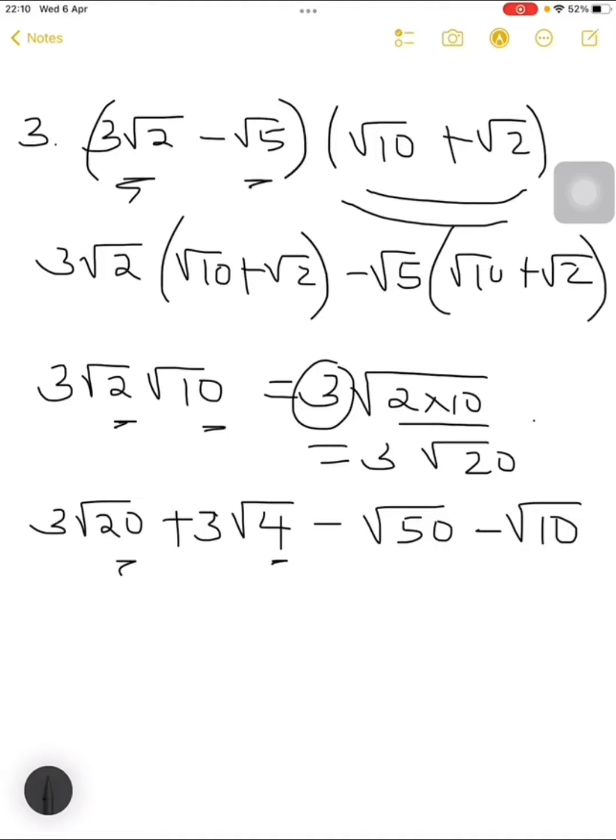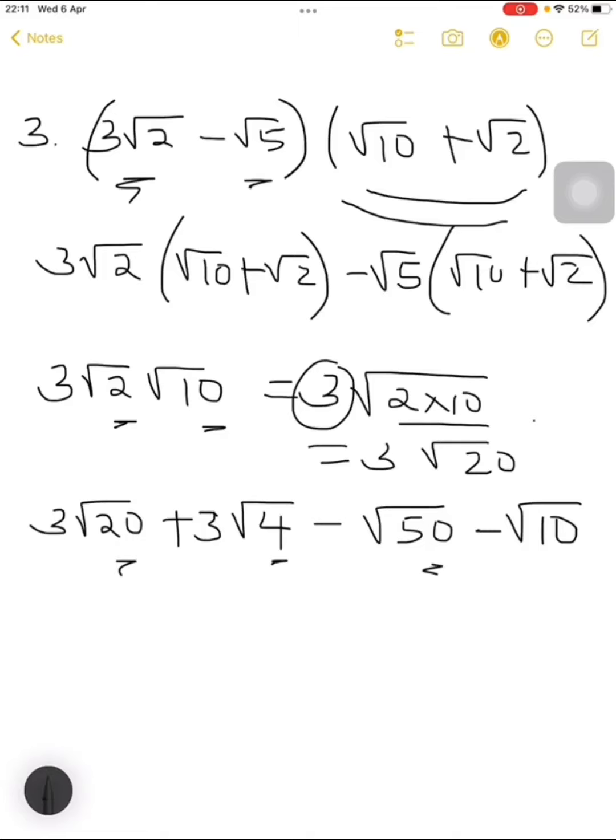We can simplify 20 further, and we can simplify 50 because 25 multiplied by 2 is 50, and we know the square root of 25. For 20, we can multiply 4 and 5, and we know the square root of 4. So we can't leave the answer at that point. We have to simplify further, check whether the numbers under the square root have any factors which are a perfect square.